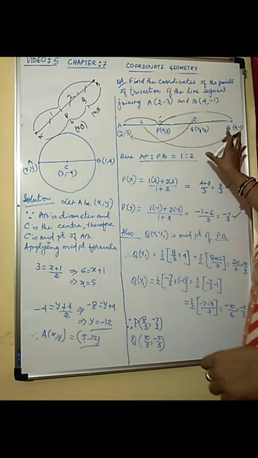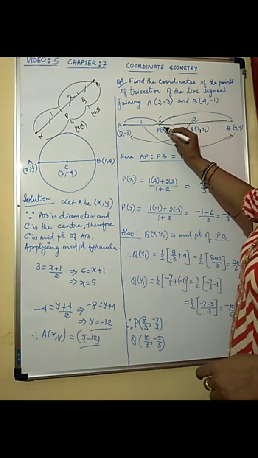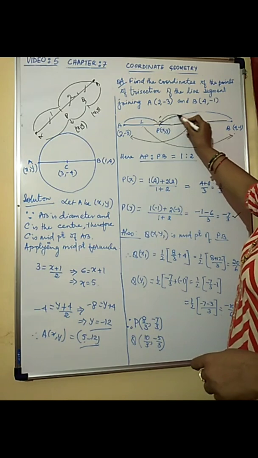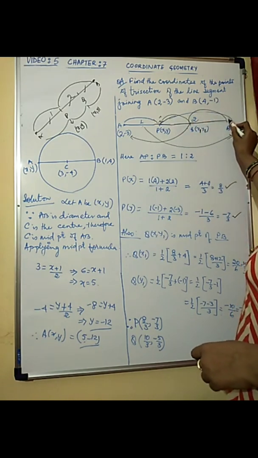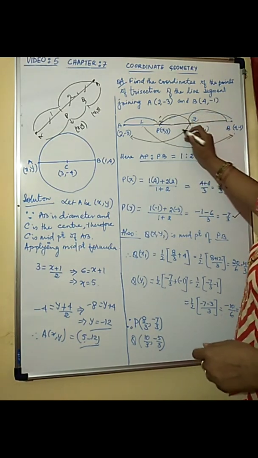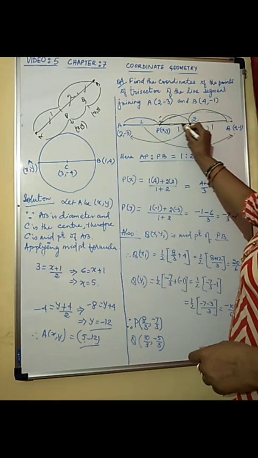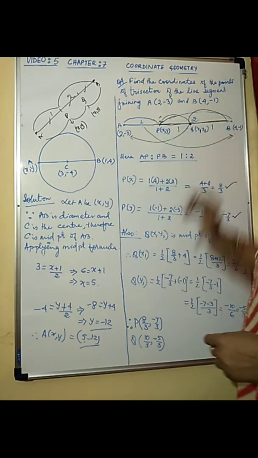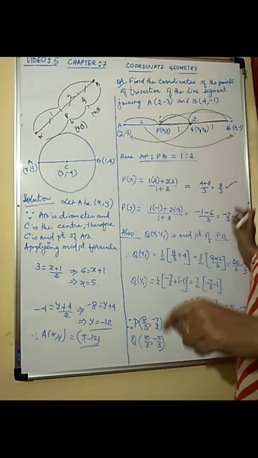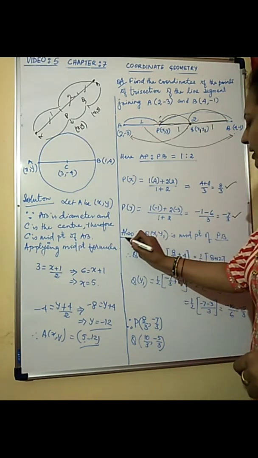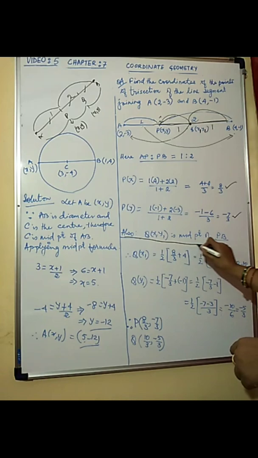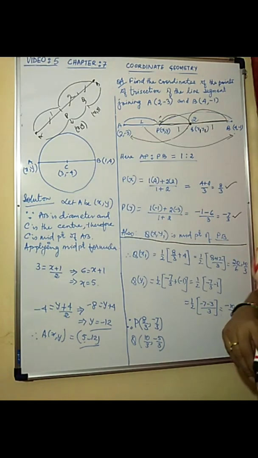Now something more which you will observe here is that if I take the ratio of PQ to QB, this is in the ratio of 1:1. That means Q is the midpoint of PB. So here you see also Q (x1, y1) is the midpoint of PB.